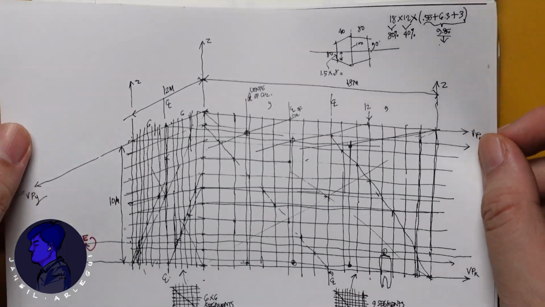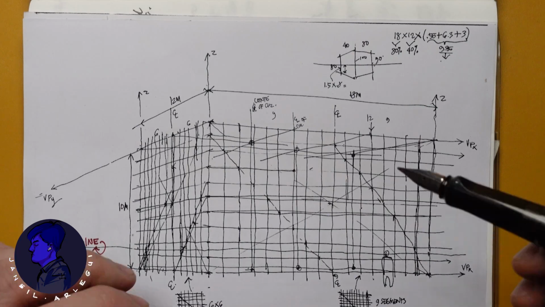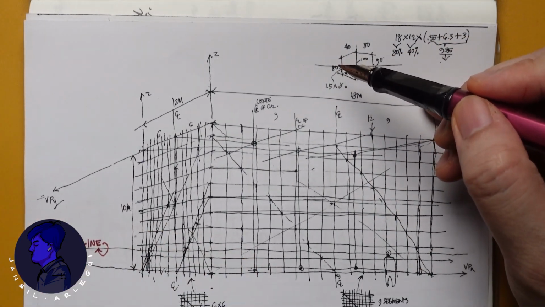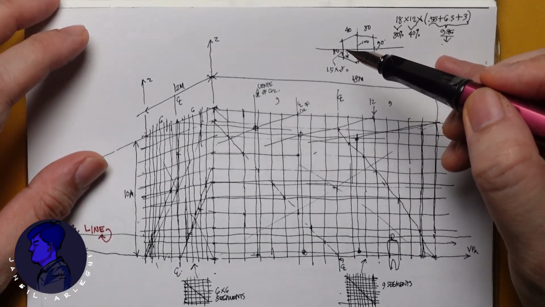What I did for the plotting was to use a formula, which is this. This formula is derived from an architect whom I listened to when I was in third year college.